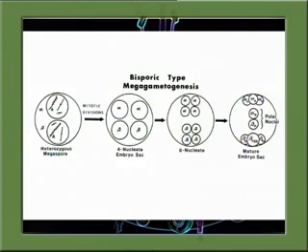Now bisporic embryo sac. In this type, 2 megaspore nuclei take part in embryo sac formation. Here, the first meiotic division is followed by wall formation so that a dyad is formed. Only one of the dyad cells undergoes the second meiotic division, whereas the other one degenerates.